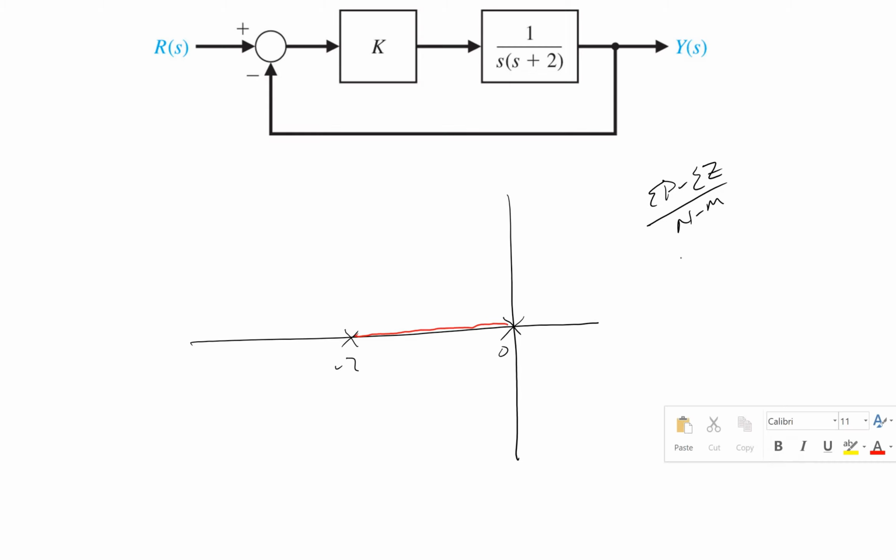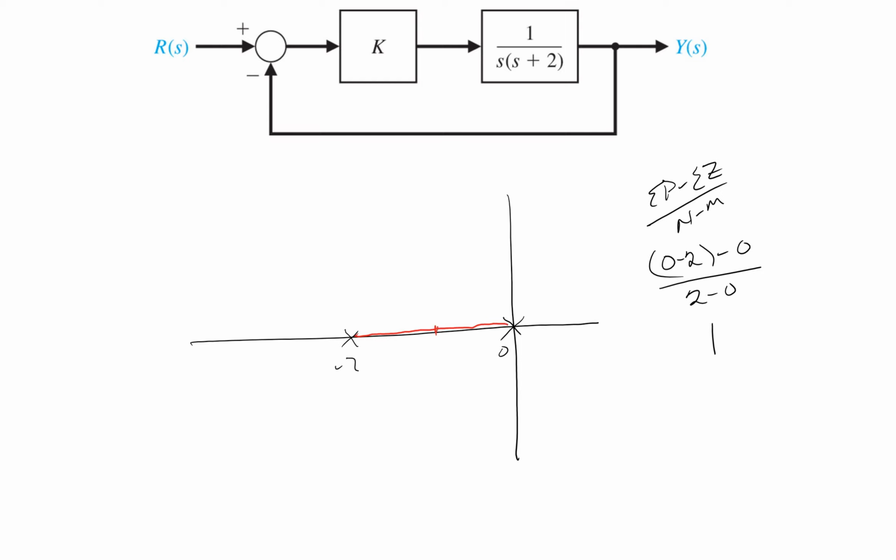The sum of the poles is 0 plus minus 2, minus 0 for the sum of the zeros, and we've got two poles and no zeros, so what we end up with is minus 1 from our calculation.